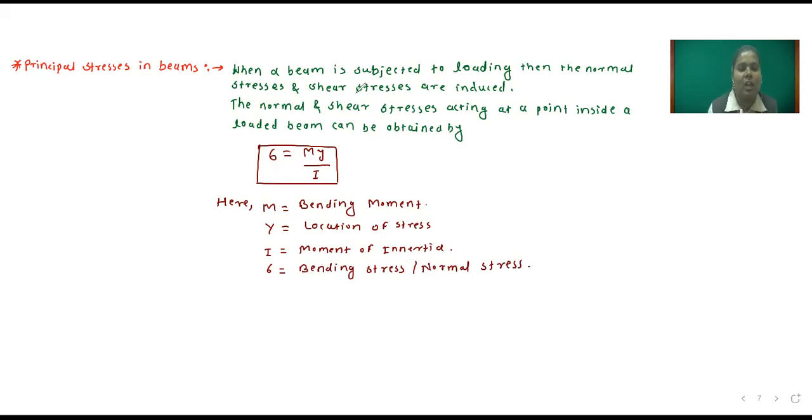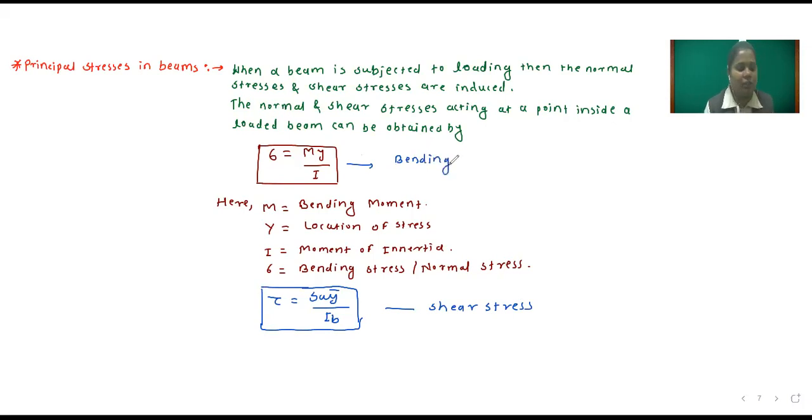Now we will see how to find shear stress. Tau is equal to S A y bar divided by I B. This is the shear stress formula, and by using this formula we will find shear stress, while the earlier equation is the bending equation.